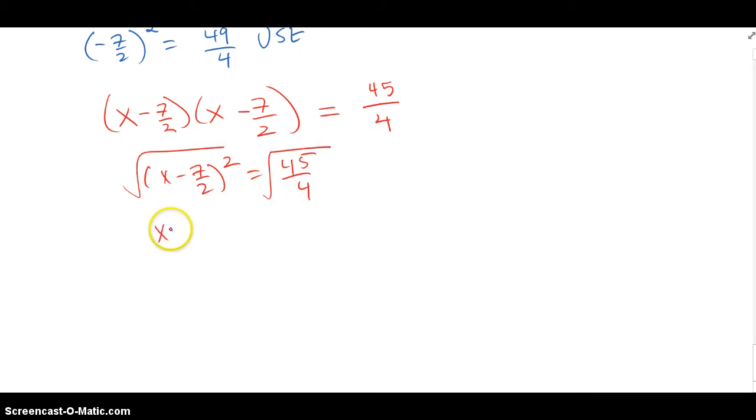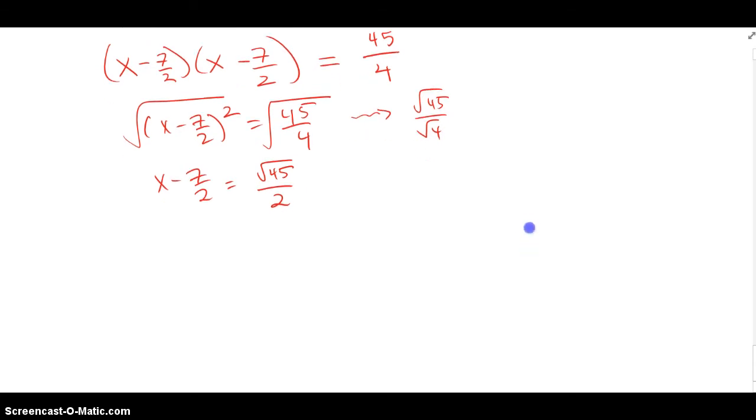I'm finally ready to square root both sides. So x minus 7 halves equals square root of 45. Remember, I can split them as two separate ones, and the bottom is going to pop out a 2. And square root of 45, I can simplify further because that's a 9 times 5, and that's going to pop out a 3.